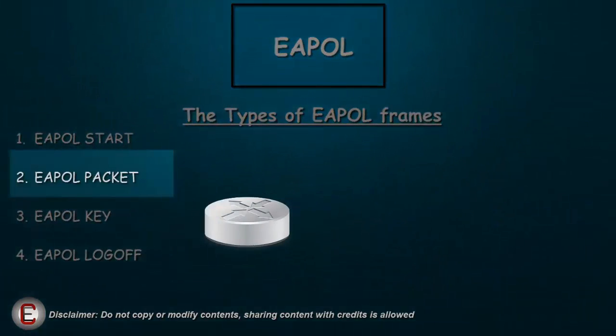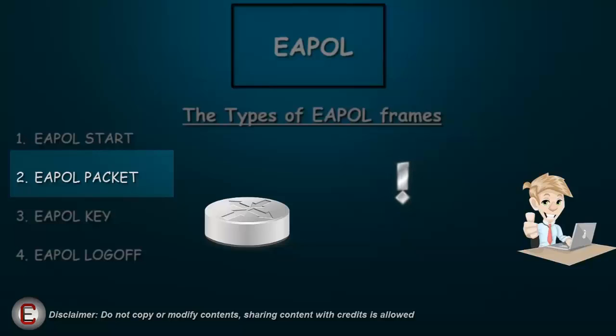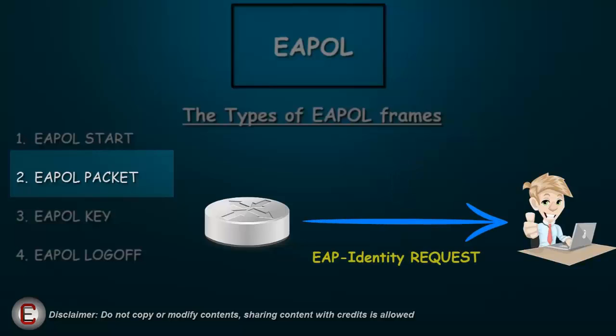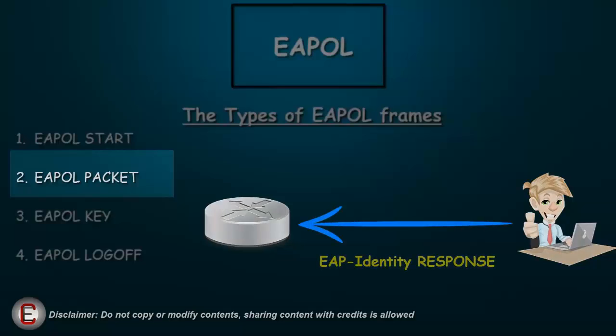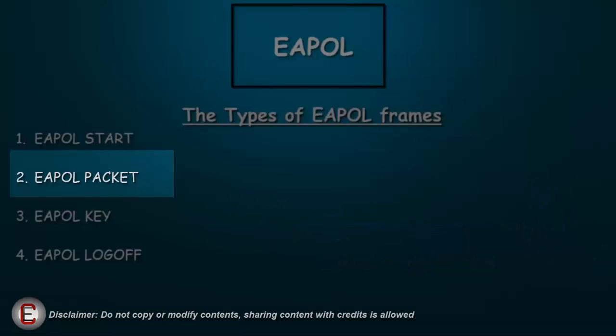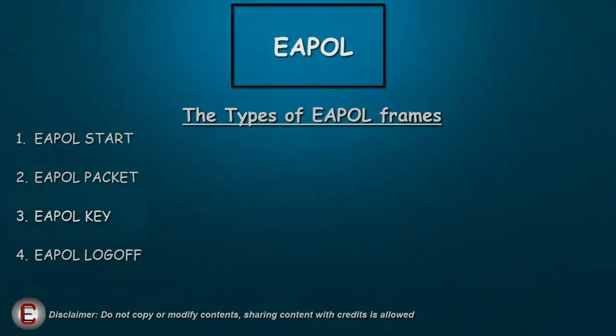The authenticator hardware should be able to detect the supplicant's presence and send an EAP identity request. This identity request frame is meant to collect identity information from the supplicant. The supplicant responds with an EAP identity response with the identity information present within. These types of frames are categorized as EAPOL packet type frames.